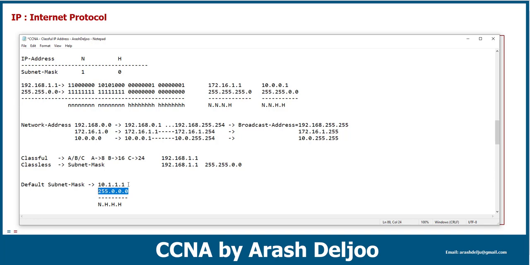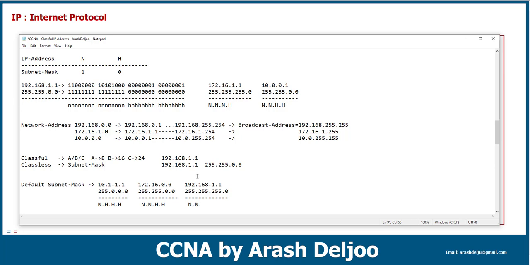In classful B, 255.255.0.0, for example with 172.16.0.0, is the default subnet mask, because here you have the same condition as the classful networks. And also after that, 192.168.1.0, for example, when you are using 255.255.255.0 as the subnet mask, this means that you are using the same subnet mask with the same result as classful networks.